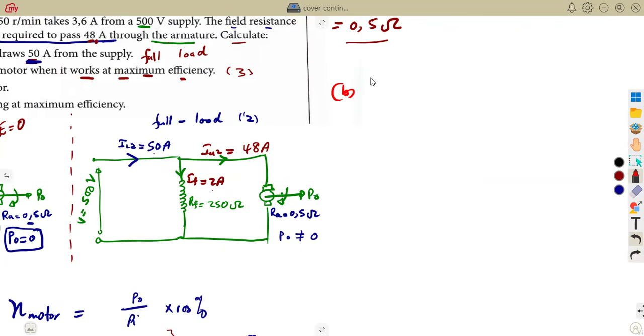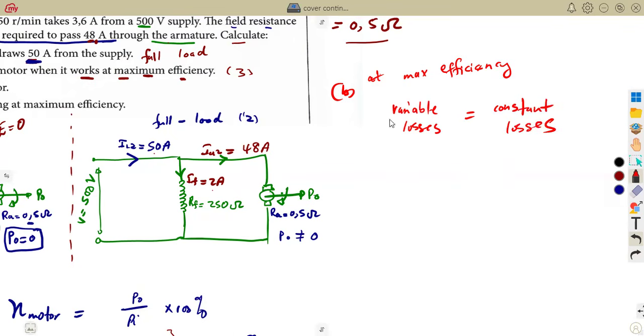Remember, at maximum efficiency, the variable losses must be equal to the constant losses. Okay.